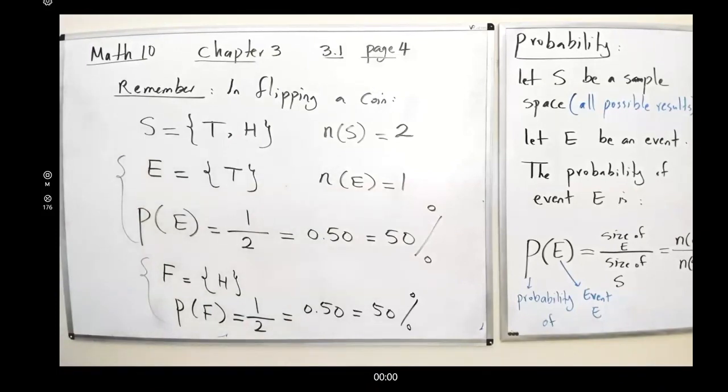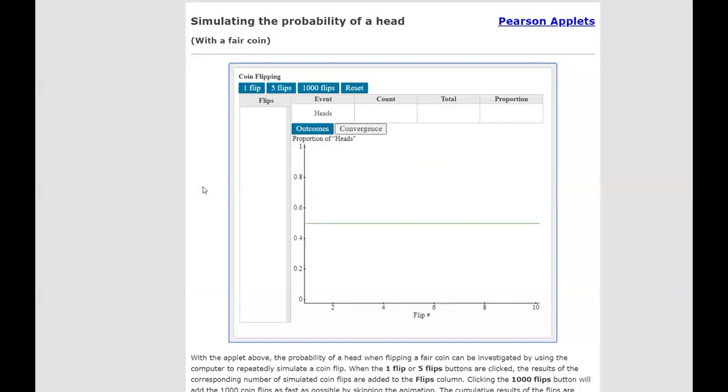So let's take a look at a simulator. I just want to share this simulator with you. This is the link for the simulator for those of you who want to actually run it. Here we go, so let's go to this applet.